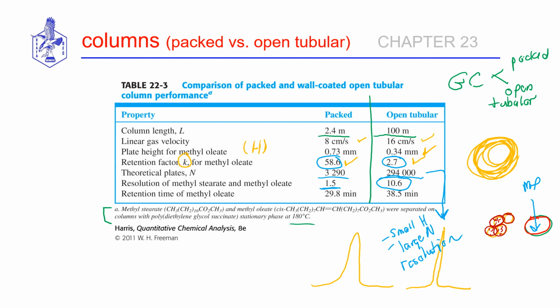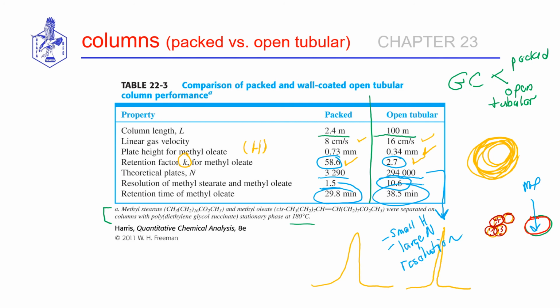And then retention time. Retention time typically has to do with the flow rate of the mobile phase and how much time your sample spends in the stationary phase, which has to do with how much of that stationary phase is present. So in this case, you'll see that the retention time of the packed column is 29.8 and the open tubular is 38.5.